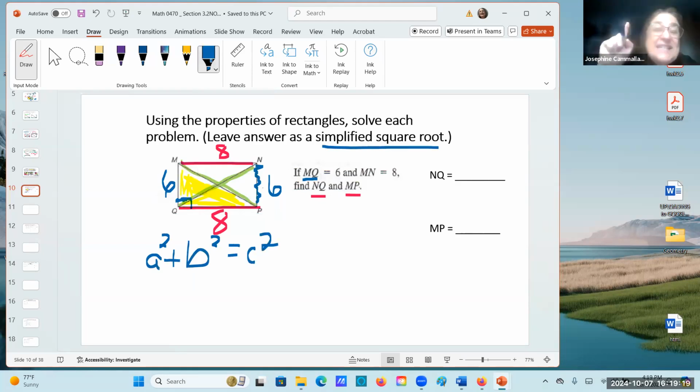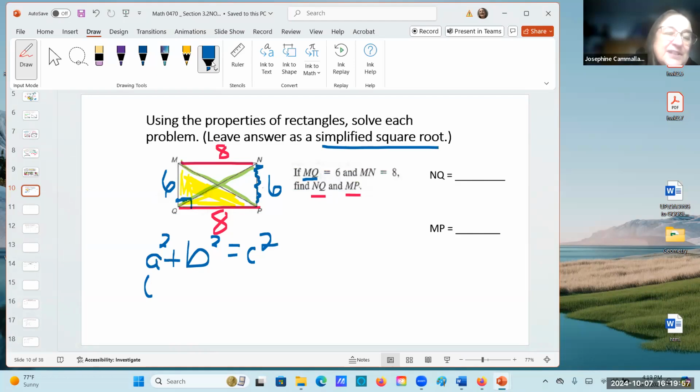And remember, simplified root. Now, a root can be a whole number, but you cannot give me a decimal. And some of you, in doing your homework for 2-7, tried to give me a decimal. Decimals won't work. Okay? Mom is going to tell you it's wrong. Okay? So in this case, it's 6 squared plus 8 squared is equal to C squared.